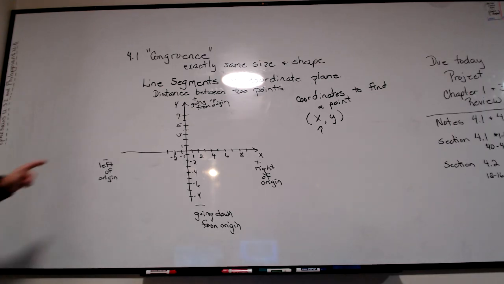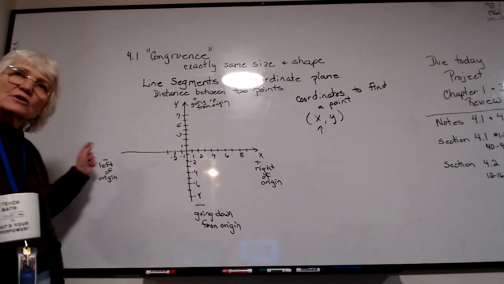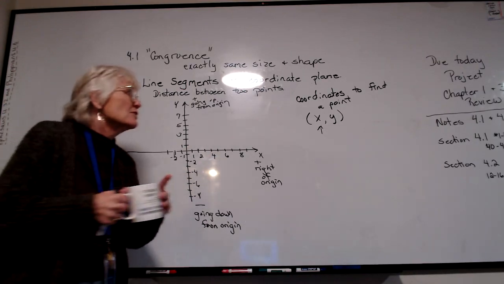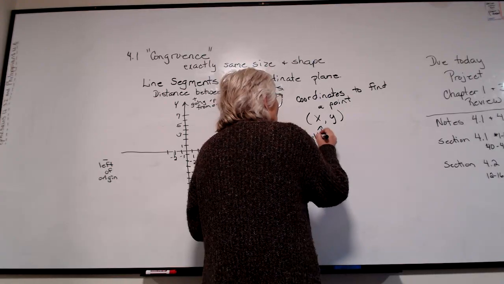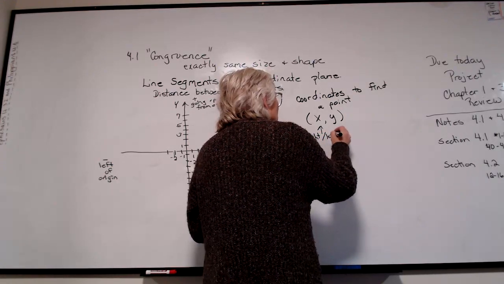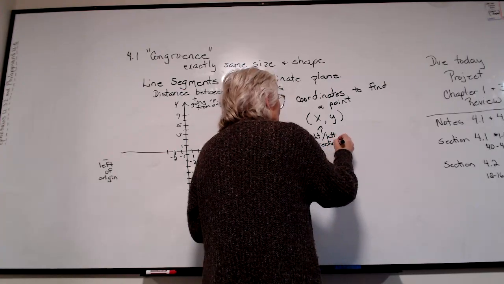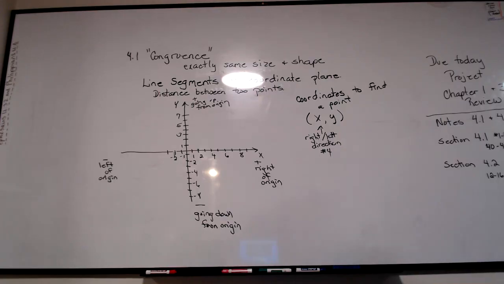The x value is the distance from the origin, either left if it's negative or right if it's positive. So this is the right, left direction number. The number that you go in right or left.